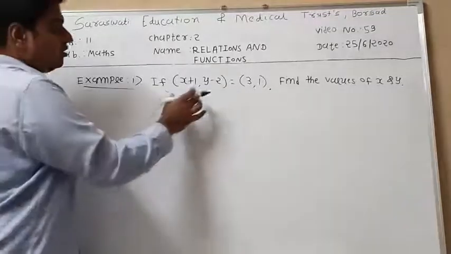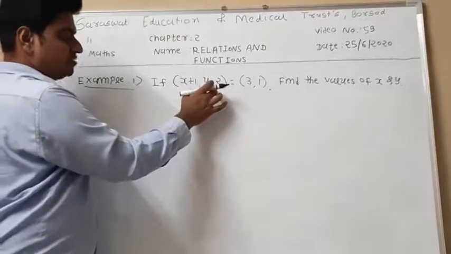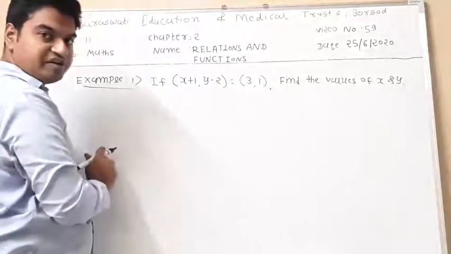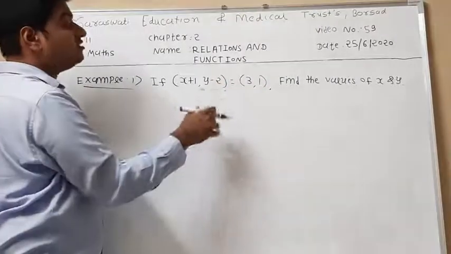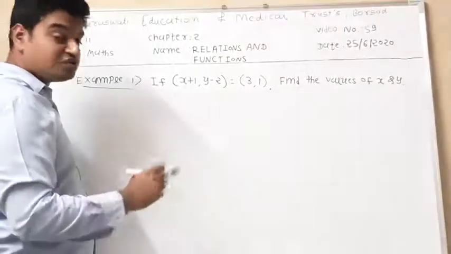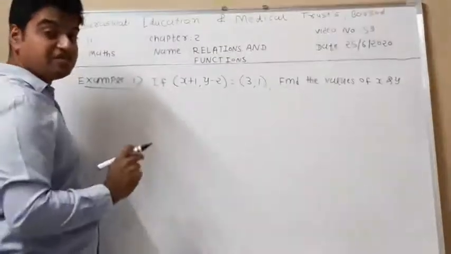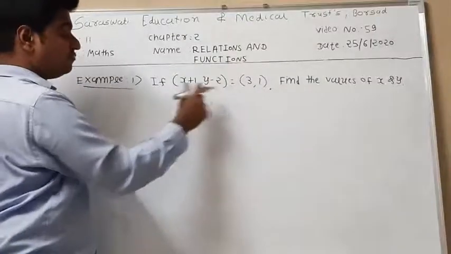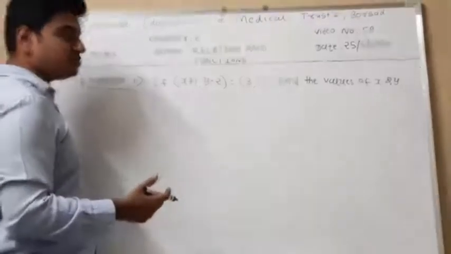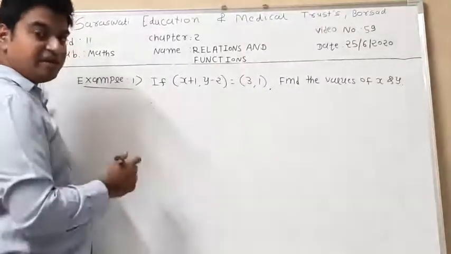Here on the left side 2 elements of an ordered pair are present, and on the right side also 2. If the left side had 3 elements and the right side 2, we could not compare them. But here both sides have equal ordered pairs, so we can compare the terms and simplify to get the final answer.